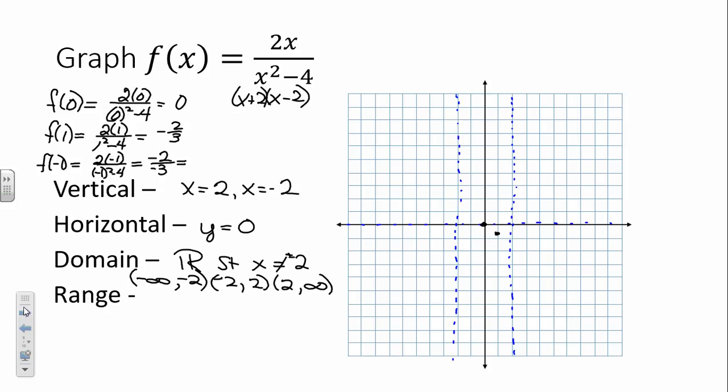Negative 2 over negative 3, positive 2/3. So can we see what it's doing? It's going to approach that vertical asymptote of x equals negative 2 and approach the other one of x equals positive 2, but never touch it. Okay?